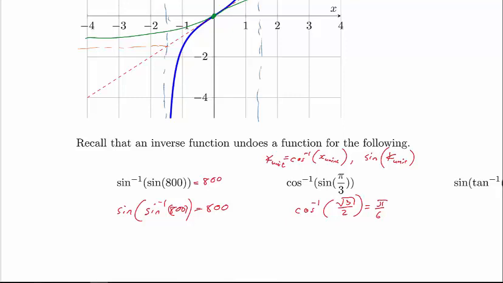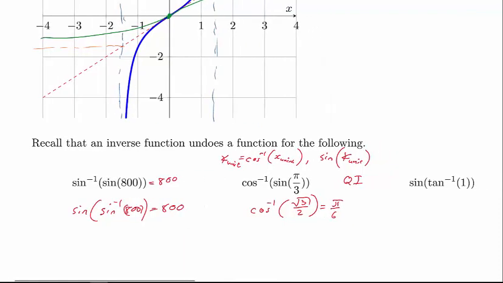Now note that we're restricting this to be in the first quadrant. We could have not made that restriction, and if we had, then there would have been multiple correct responses. But since we're just keeping this in the first quadrant, that would be the answer.